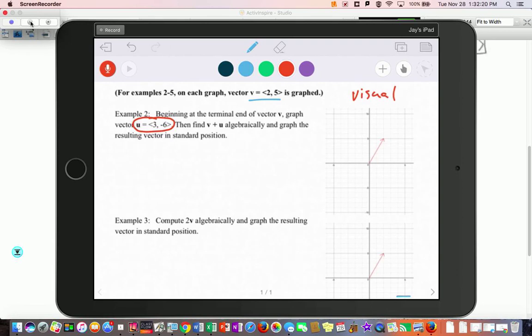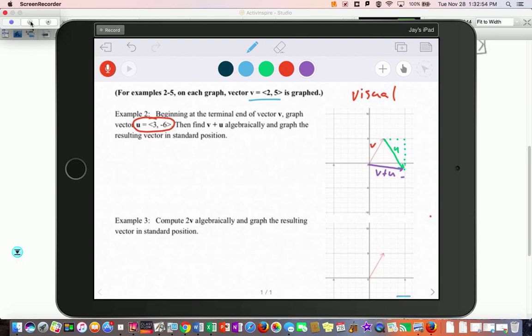Okay, so right where the arrow ended, I'm going to go 3 to the right, 1, 2, 3, and down 6. 1, 2, 3, 4, 5, 6. So if I draw my best straight line, now that's vector u, this was vector v, and this is u plus, I should write it the same way they did. They called it v plus u.